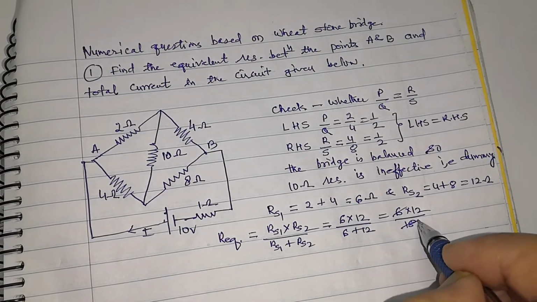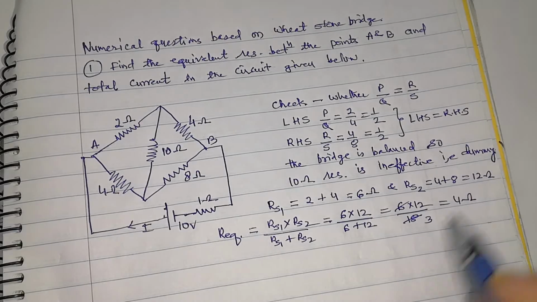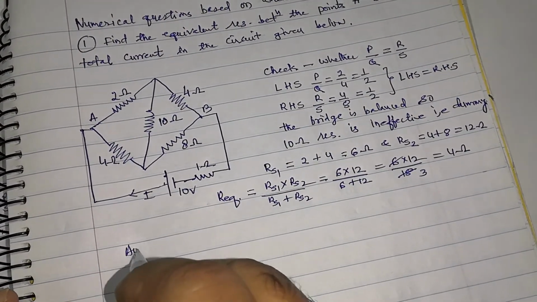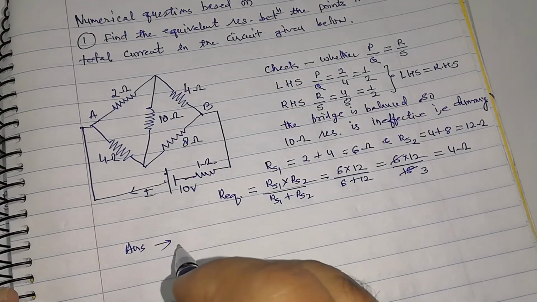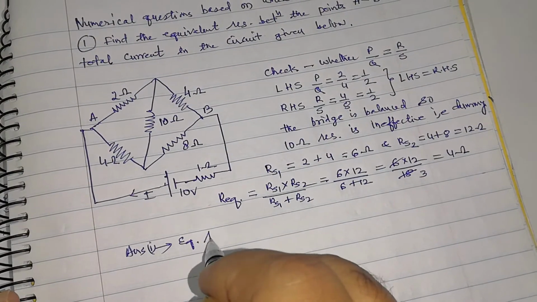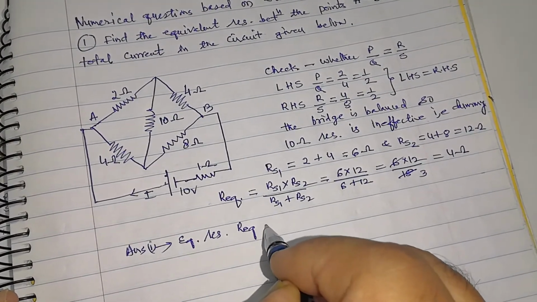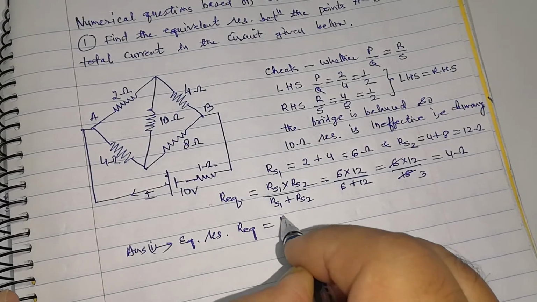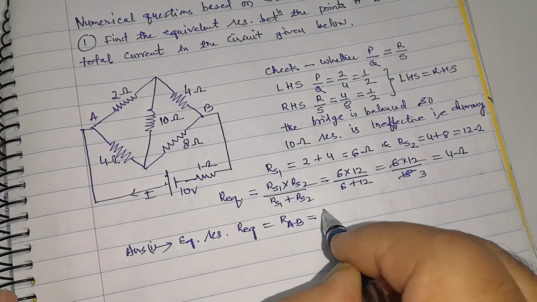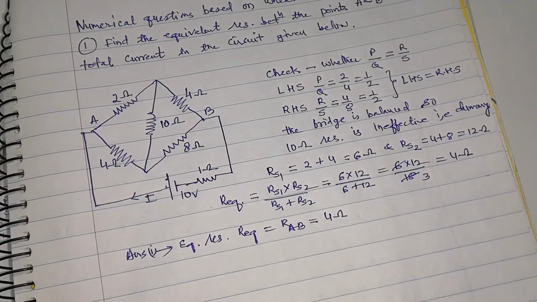Now here it is 4 ohm. So the first answer is that the equivalent resistance R_EQ between the points A and B is equal to 4 ohm.